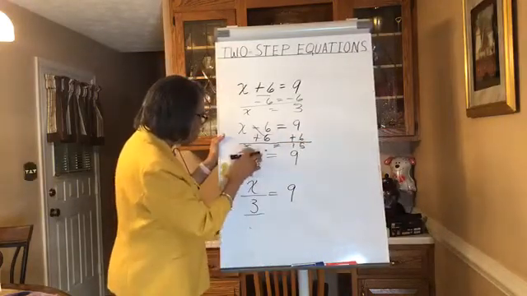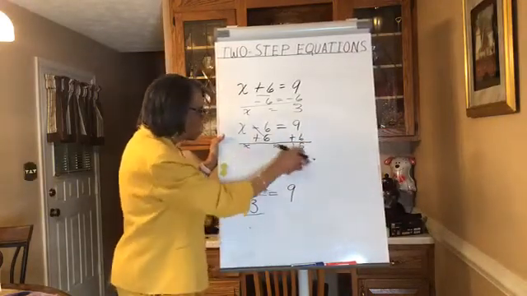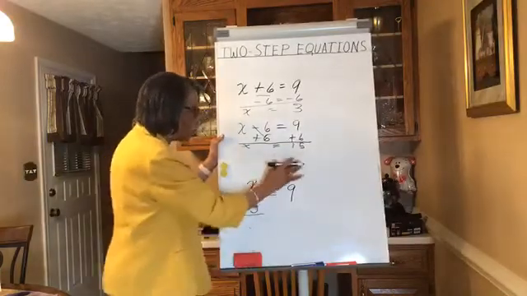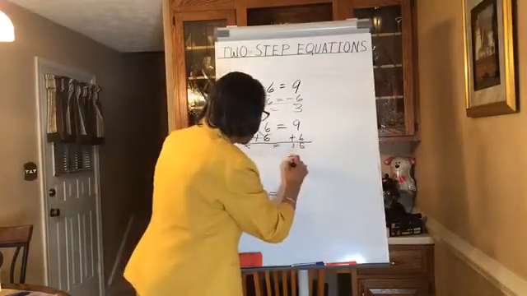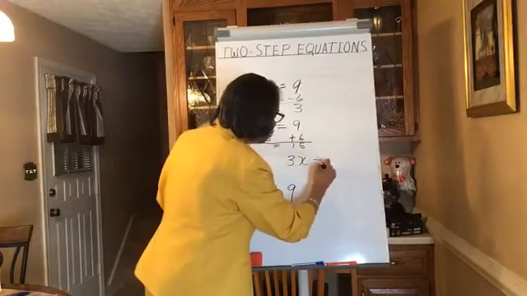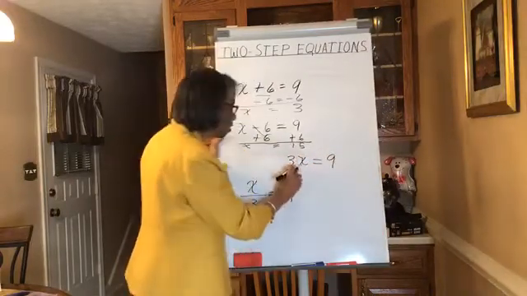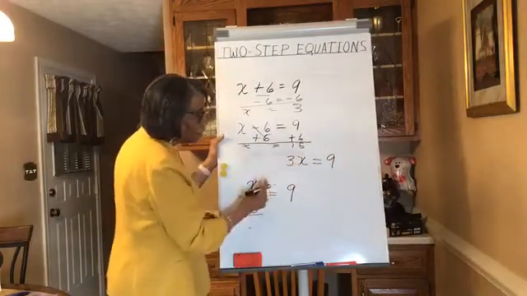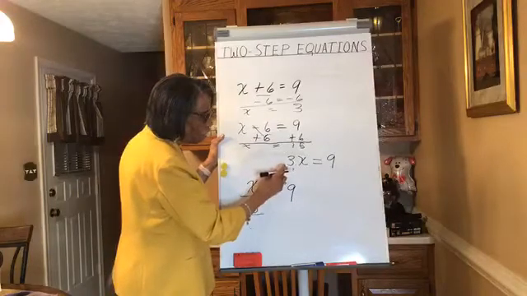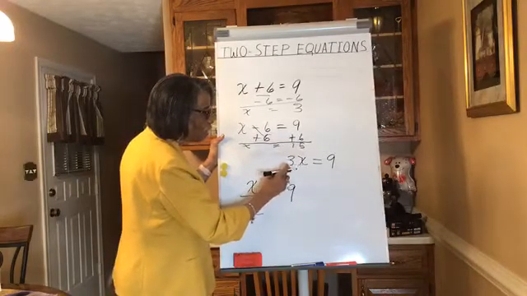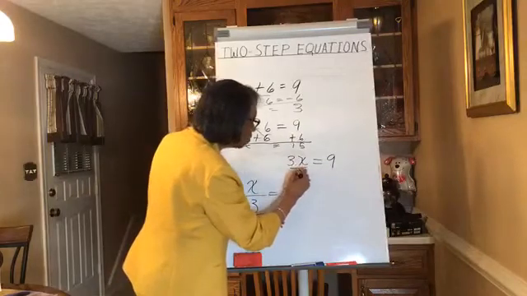All right, I'm going to move this down a little bit. 3x equals 9. 3x means 3 times x. The opposite or inverse operation of multiplying by 3 is dividing by 3.